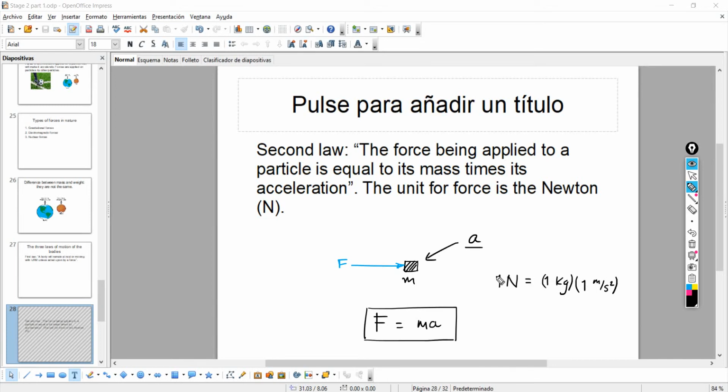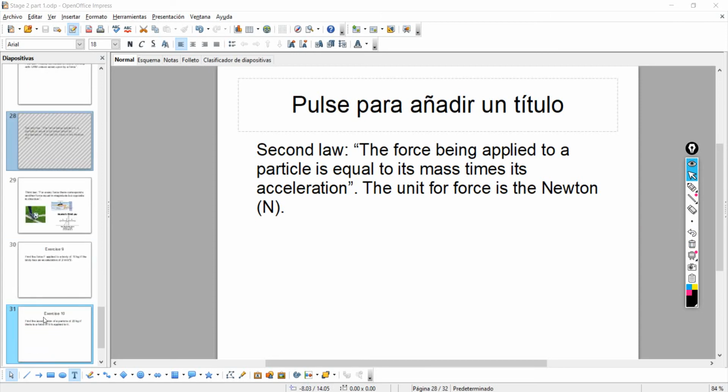This is a unit of force, this is the unit for mass, and this is the unit for acceleration. So 1 Newton is equal to 1 kilogram times 1 meter per second squared. And this is the second law of motion. We're going to use it in a moment in order to calculate forces and accelerations and so on.